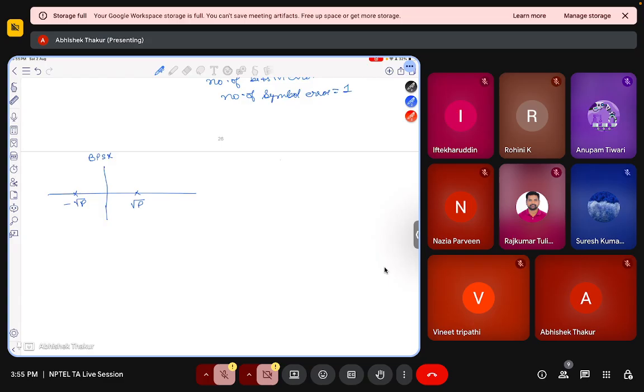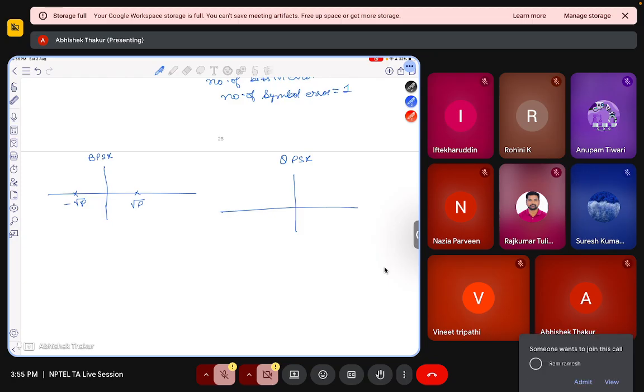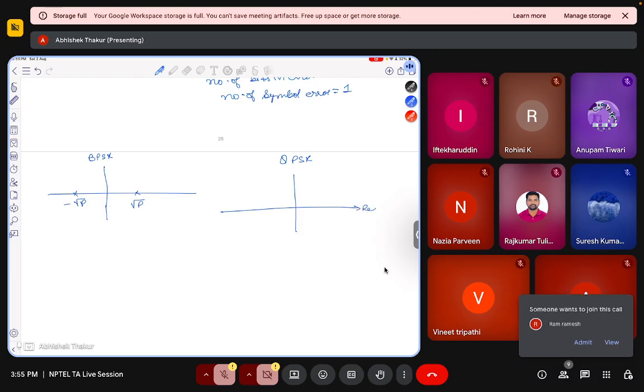Now for QPSK, there are 4 symbols, and this is the real axis and this is the imaginary axis. We can represent the first symbol as square root of P by 2 plus j square root of P by 2.